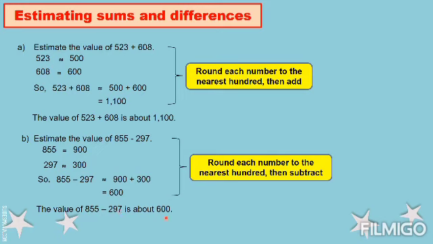Again, class, round each number to the nearest hundred, since we have only 3 digits here and the highest place value is hundreds. Before you subtract or add, you must round the numbers to the highest place value.